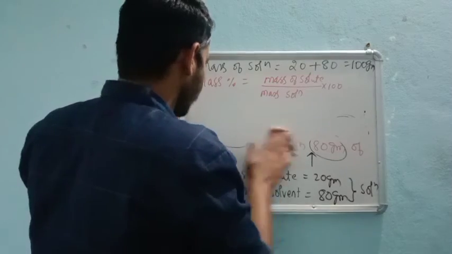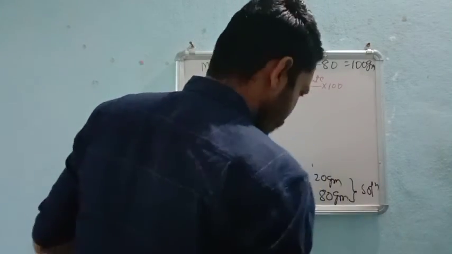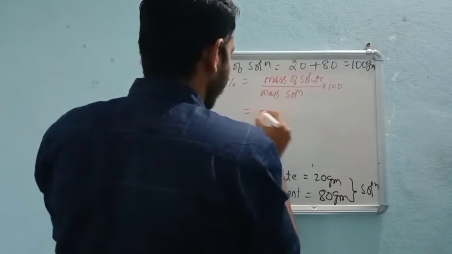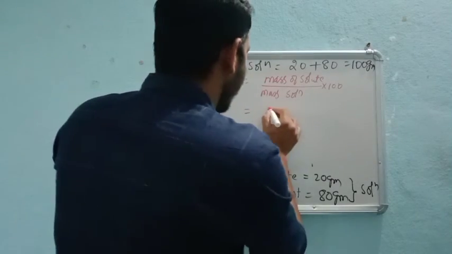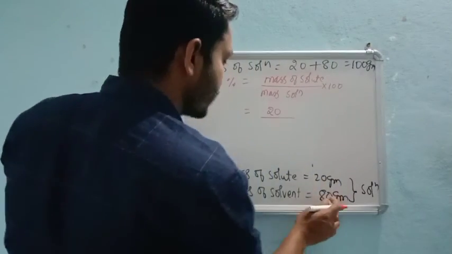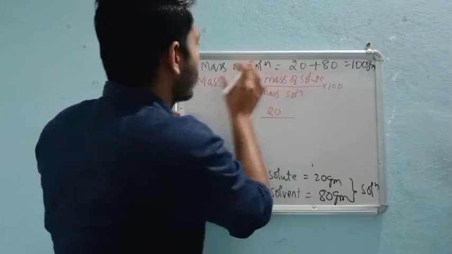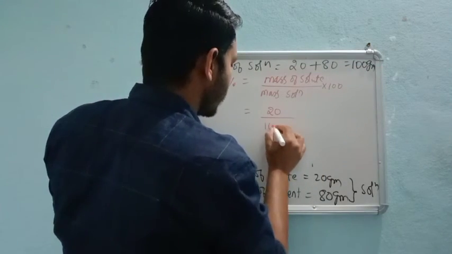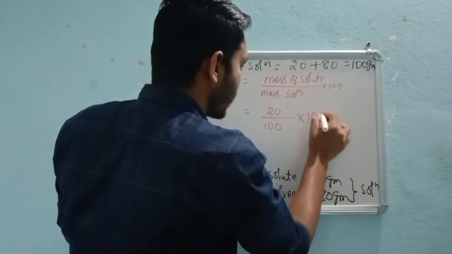Very easy, very simple. So what is the mass of solute? 20, divided by mass of solution, which is 100 gram, into 100.